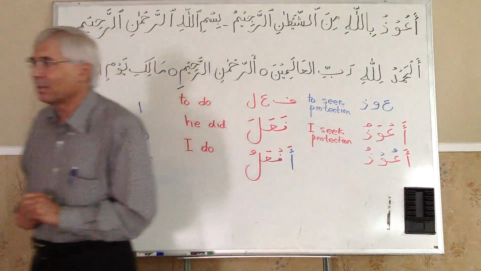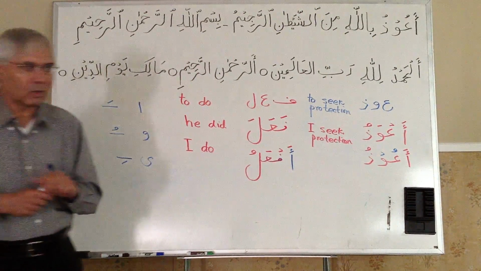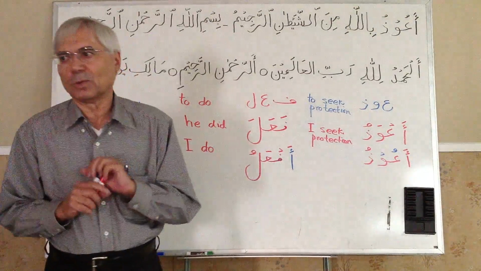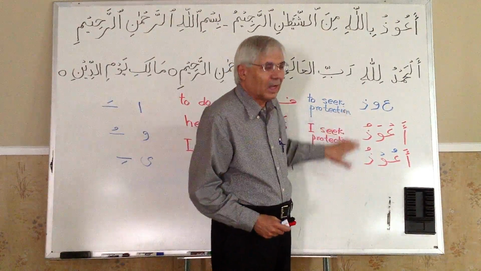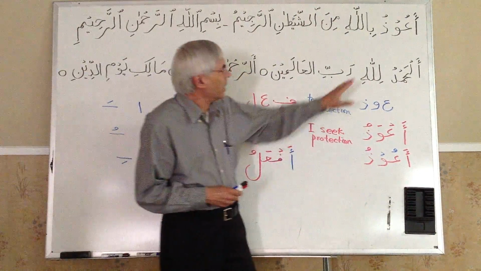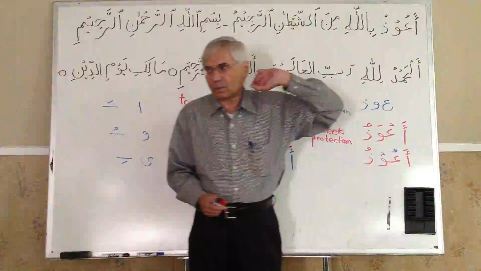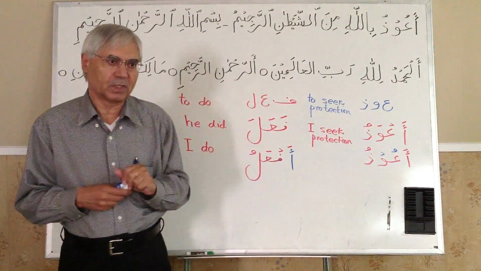So now it became a'udhu. It's easy to pronounce a'udhu instead of a'awazu. A'udhu. It's easy to say a'udhu. That is the word in the Quran also. A'udhu. I seek protection.